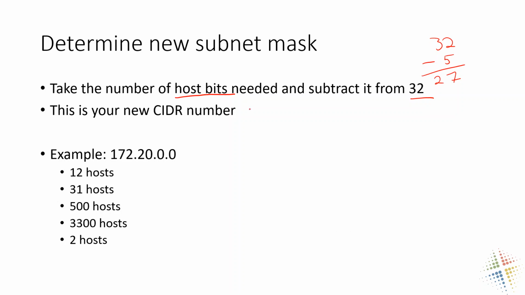So if I started off again with 10.0.0.0, originally it was /8. Because I need 29 IPs, it's now a /27. So I've taken one huge network and I've broken it down into thousands and thousands of little networks that can handle up to 30 usable IPs in each of them.